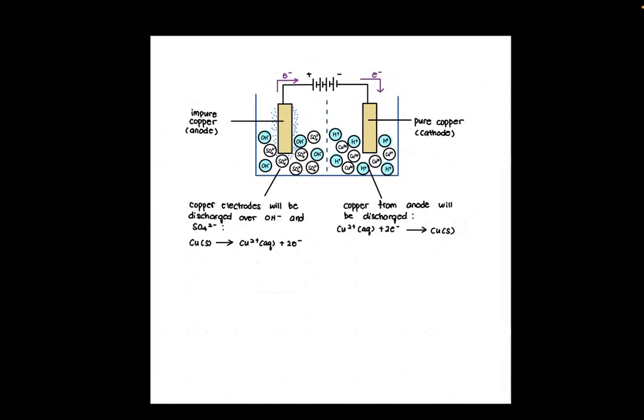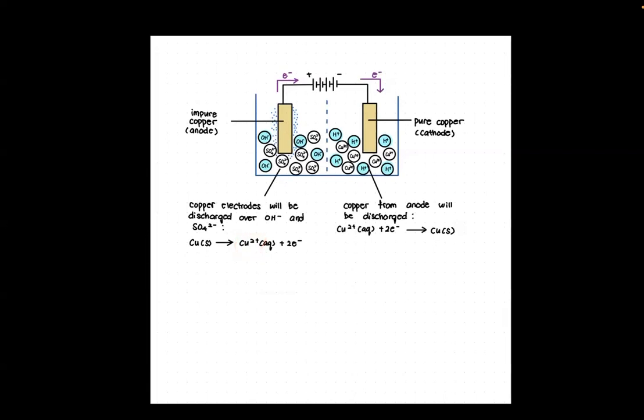Why does the sulfate not matter? Because sulfate in this case doesn't even get discharged. The only thing that gets discharged is your copper anode. Your copper anode is going to discharge, give up electrons and dissolve to form copper 2 plus.